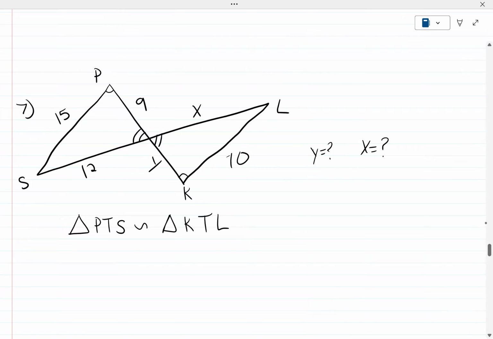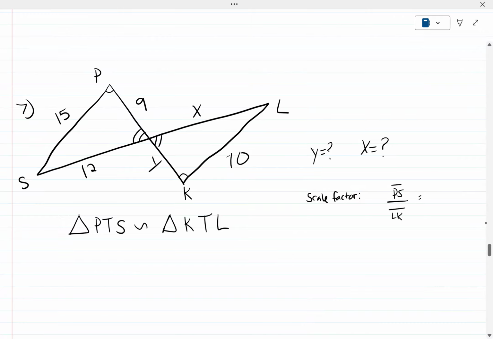This is just like the other one, where you have two unknown letters. So let's first figure out what could be our scale factor. You could do line segment PS over line segment LK.